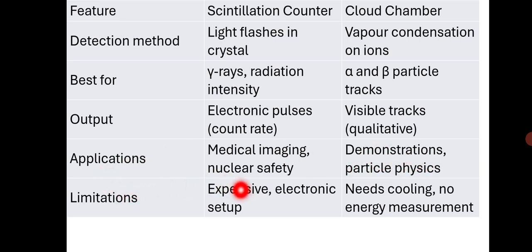The limitations of the scintillation counter are that it is expensive and requires a rigorous electronic setup, while the cloud chamber needs cooling and does not measure energy. So know these comparisons between the scintillation counter and the cloud chamber.